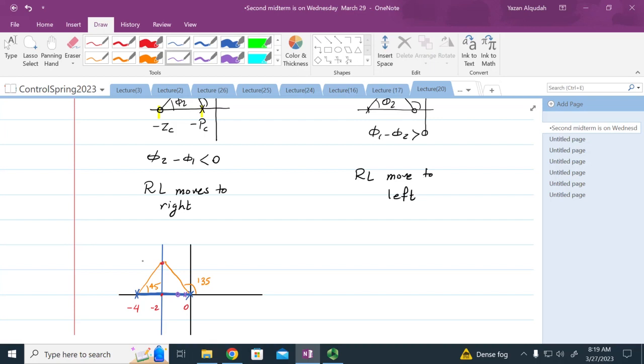It's going to have to move to the right. Why? Because if I move to the right, then this angle from the original pole is going to get smaller. It's going to become, let's say, 120. This angle too is going to get smaller. Let's say this becomes now a 30. A 30 and 120 is 150, but then I also have a 30 contributed from here, which is going to make it 180 degrees again.